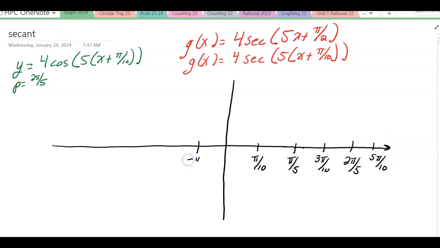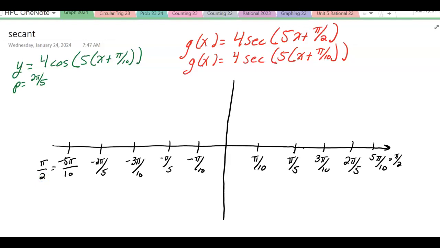And then I'm going to go to the left. And negative 5 pi over 10 is the same as pi over 2. We could reduce those fractions.